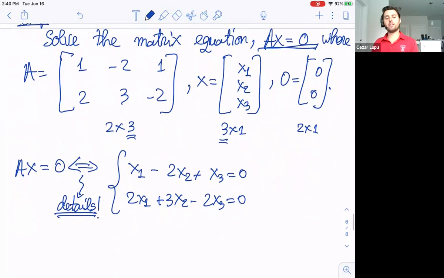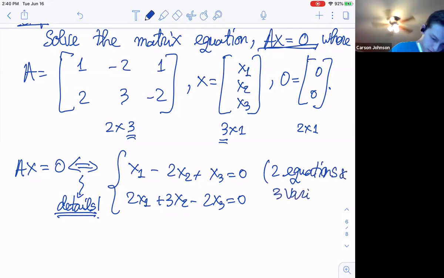So here I have a system of linear equations. Unfortunately, it's not a system the way we want it. We have 2 equations and 3 variables.